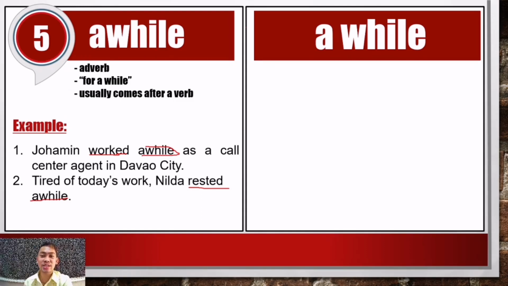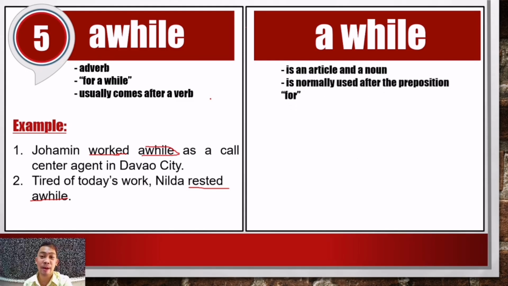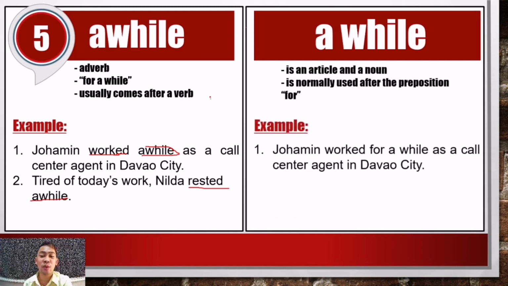Let us proceed to the phrase "a while". As we can see, the phrase is composed of an article a plus the noun while. Unlike the previous word that comes after an action word, the phrase "a while" comes after a preposition. For example, Jamin worked for a while as a call center agent in Davao City.